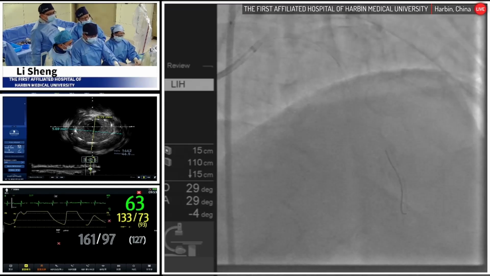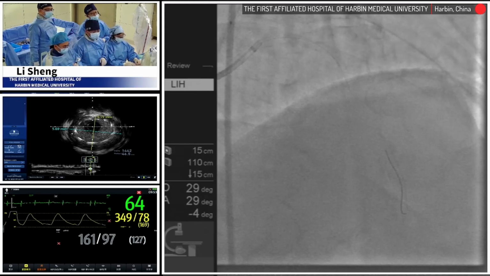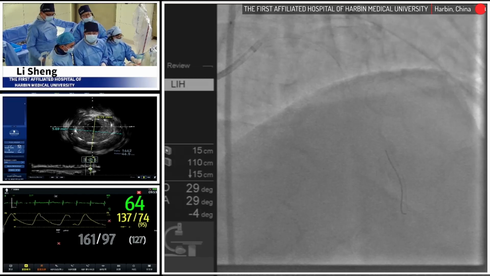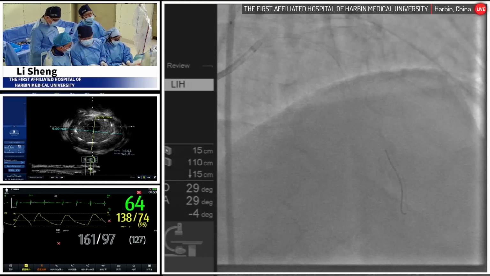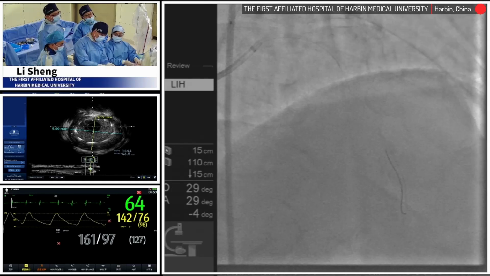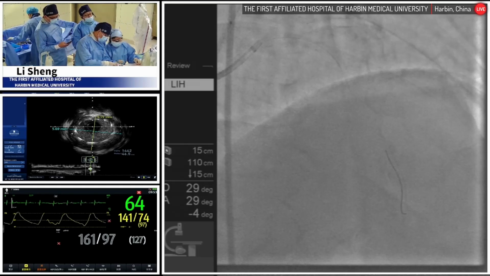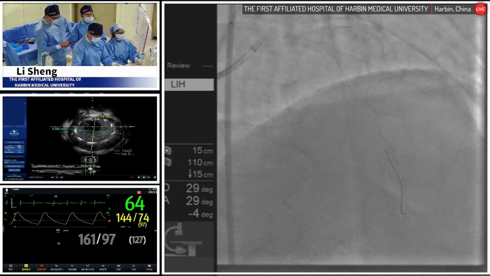IVUS again. 2.75, 3.75. Post-dilate the ostium of the second stent. You want to choose a bigger balloon to do the post-dilatation for the second stent? Yeah.